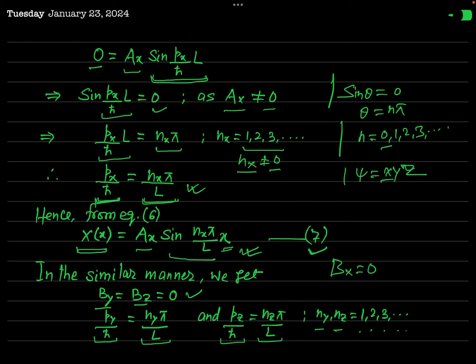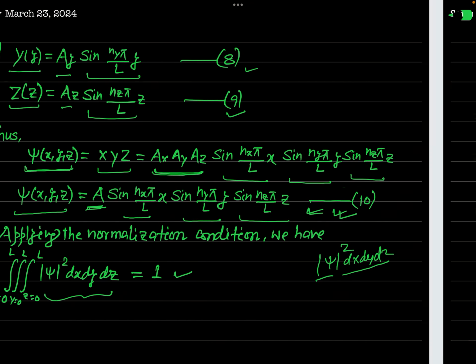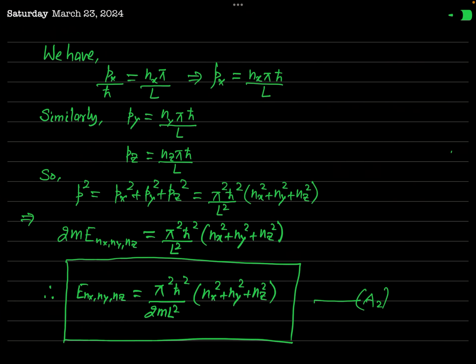We have obtained that Px over h bar is nx pi over L, Py over h bar is ny pi over L, and Pz over h bar is nz pi over L. Using these three results, you can find the values of Px, Py and Pz. And you can see Px is this much, Py is this much and Pz is this much.